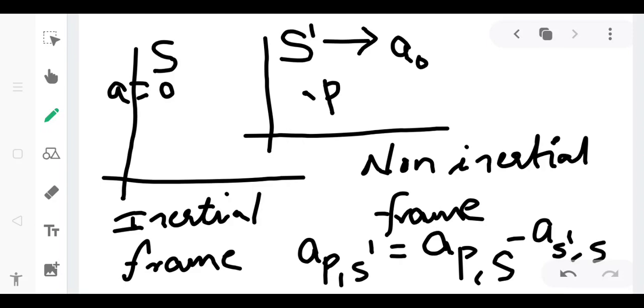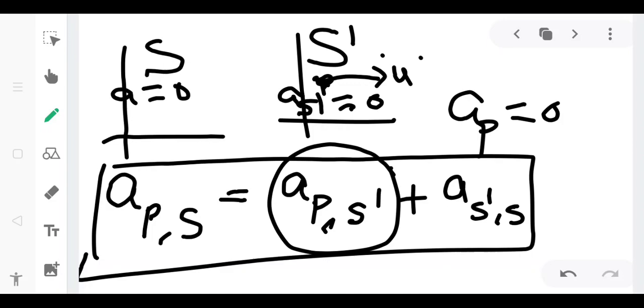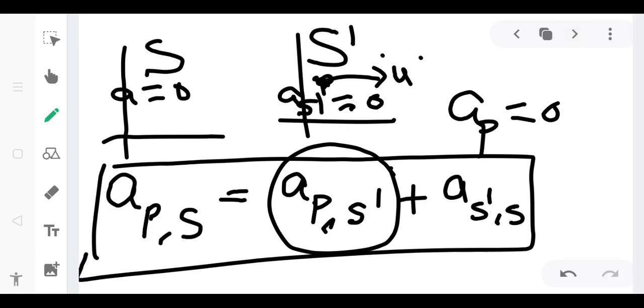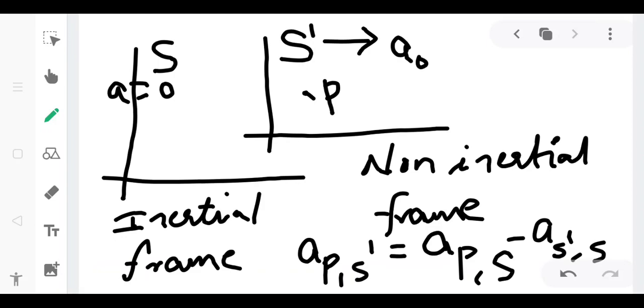So we can write that, because the frame of reference S dash is moving with an acceleration a naught, and the particle P is also moving along with the frame of reference S dash, so it will have an acceleration, let it be a.